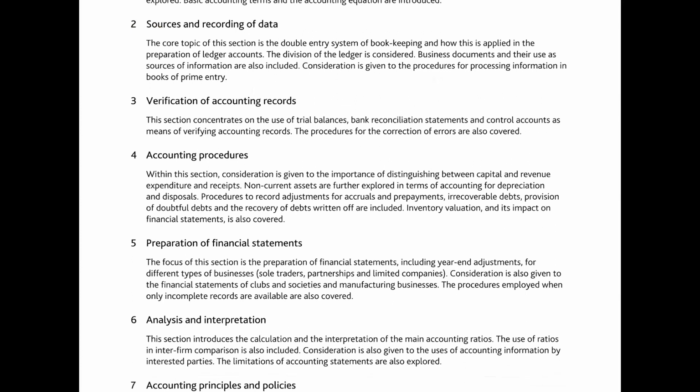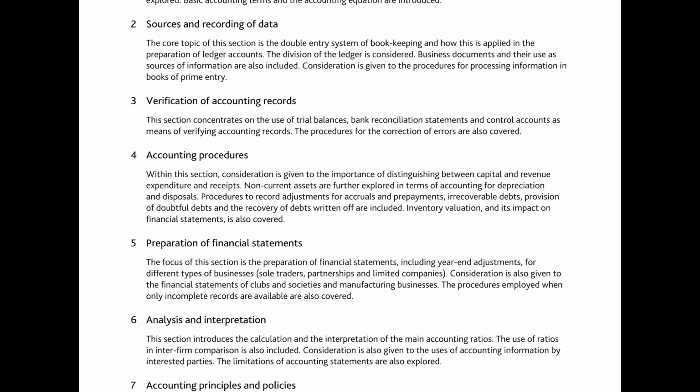Then we will verify the accounting records. That is the third thing that we're going to do. Under this section, we will concentrate on the use of the trial balance. Don't worry, you may be new to these terms. I will introduce them to you when we start, then you will know what a trial balance really is. And the bank reconciliation statements, the control accounts. At this time, we introduce you to the bank reconciliation system, the trial balance, and the control accounts.